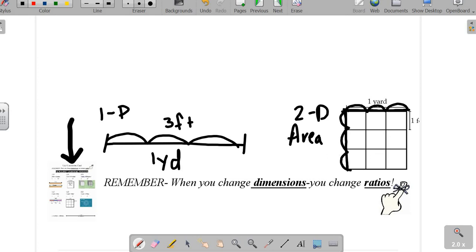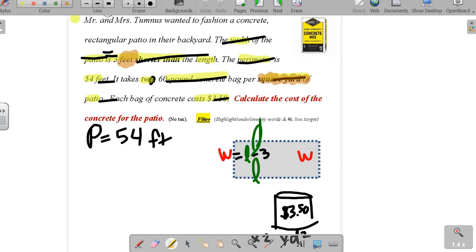Therefore, in 1 square yard is 9 square feet. In 1 square yard, there is 9 square feet. So keep that in mind as you're doing this problem.